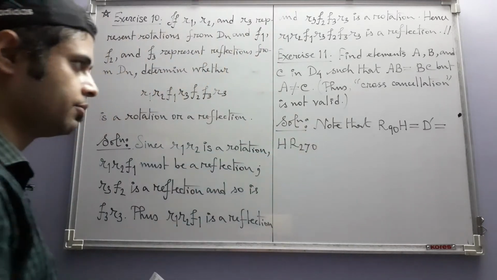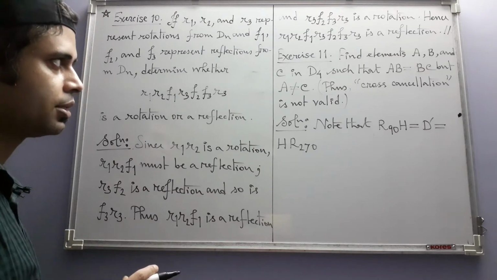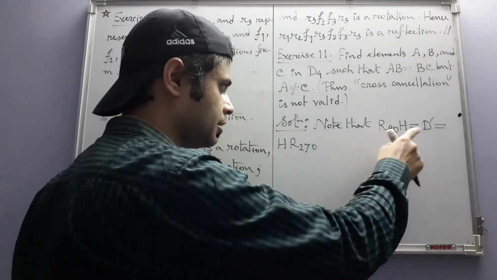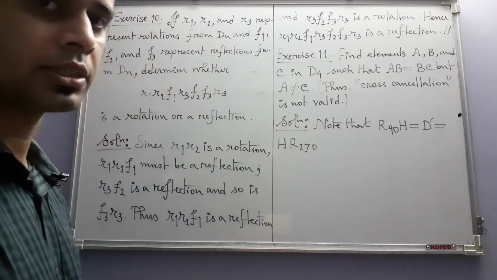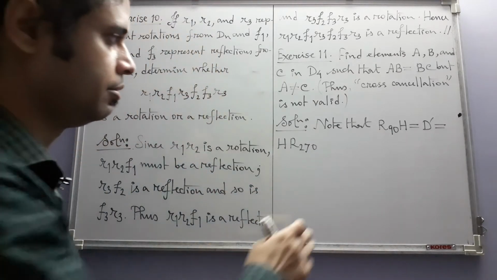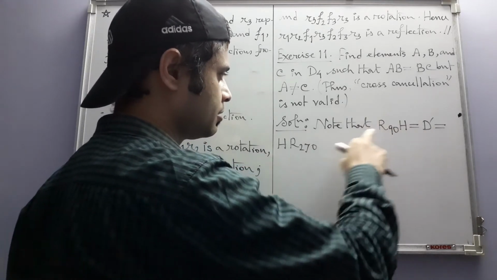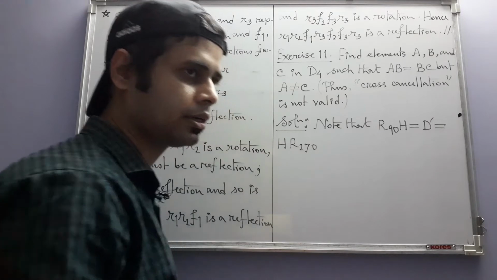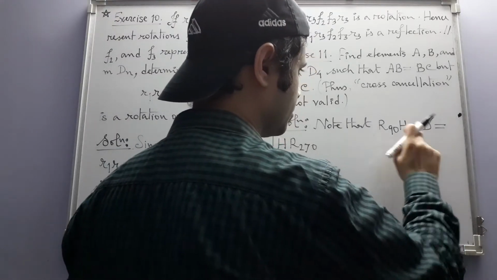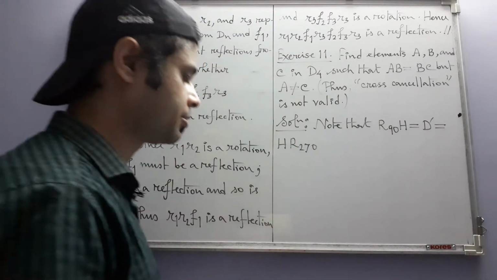If you go to the symmetries in D4, that is the symmetries of a square, which is there in the text, there you will see what these symbols mean and what symmetries they are, and looking at them, you will be able to see that both of these products are equal to D prime, which I think is a reflection about a diagonal as the axis of reflection.